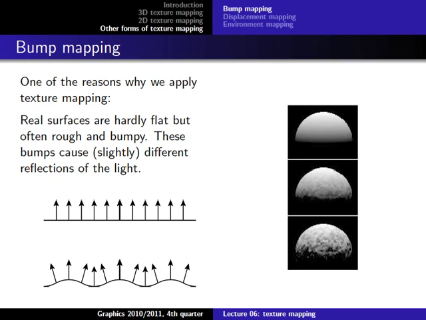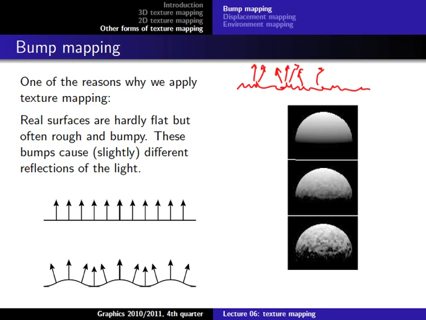For example, here I've drawn something regular, but you could also have something completely chaotic, like this here. If you want to do light calculation, you have normal vectors pointing in all kinds of directions. So this is really difficult and very inefficient to calculate.